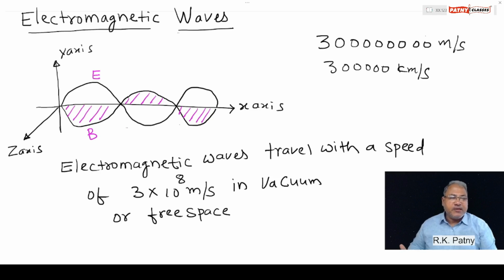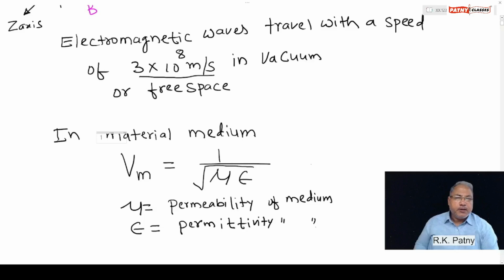In free space and in vacuum, they travel with the speed of 3 into 10 raised to 8 meters per second. In a given material medium, the velocity of electromagnetic waves is not 3 into 10 raised to 8 meters per second, but lower than that.